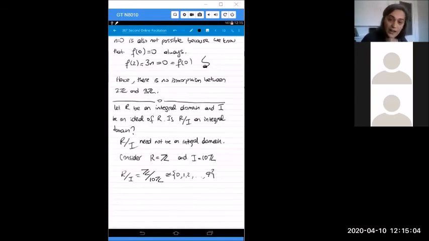But this one has zero divisors. Consider 2 and 5, which are non-zero elements.